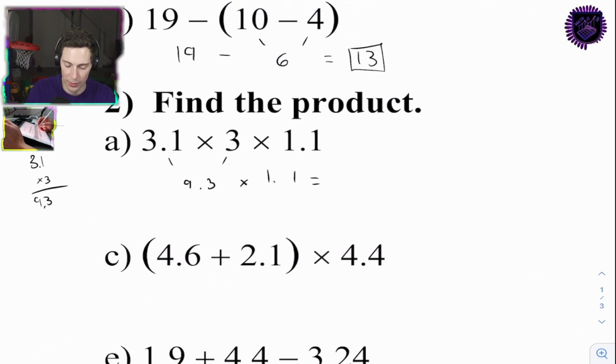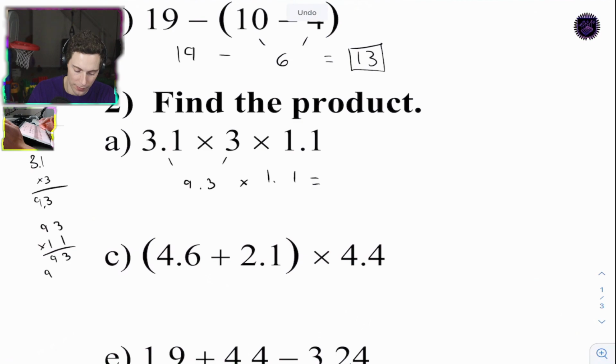What is that equal to? 9.3 times 1.1. 93 times 1.1. Well, 93 times 11 is equal to 93 plus 930, which is equal to 1023.